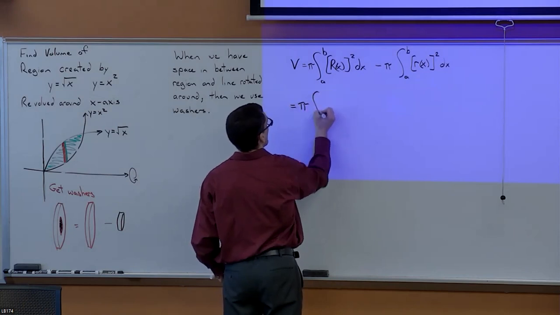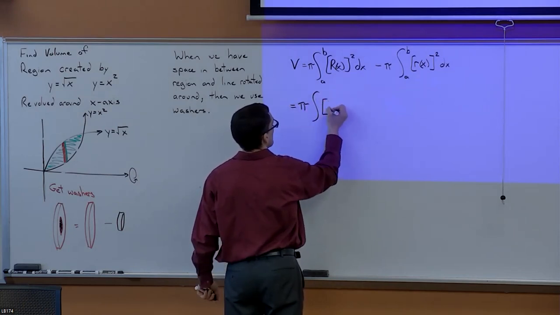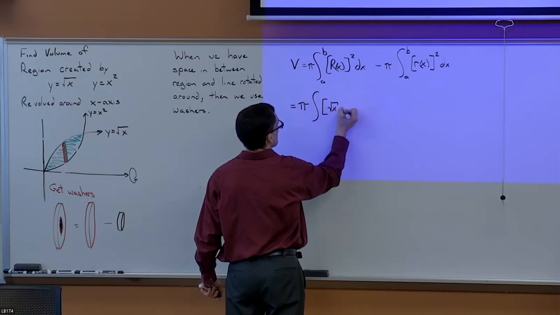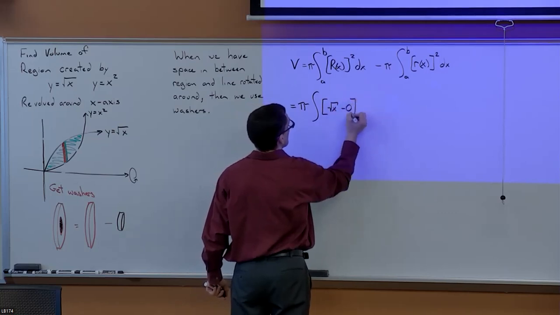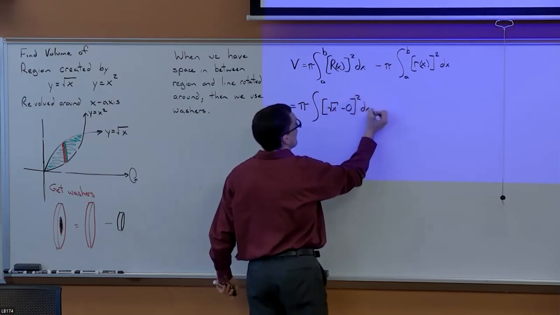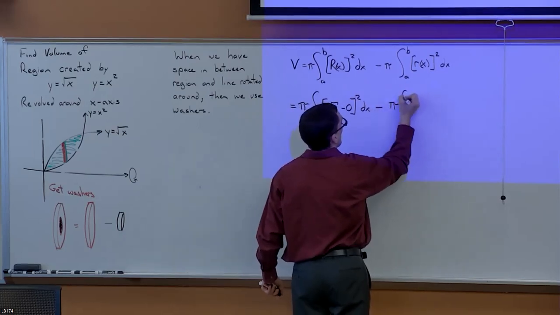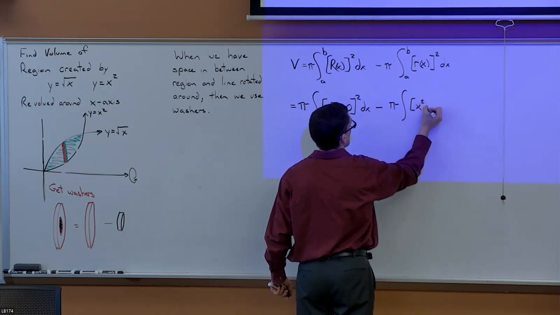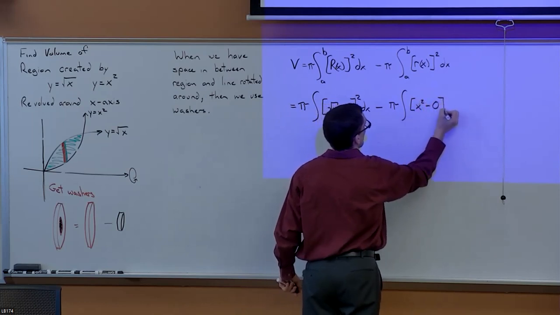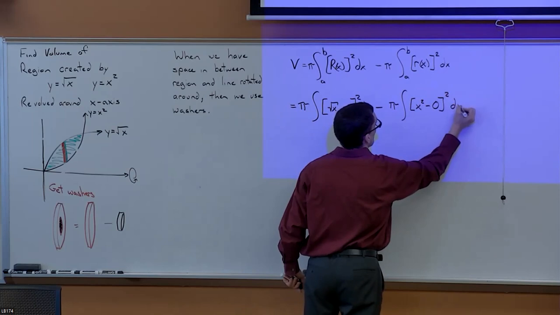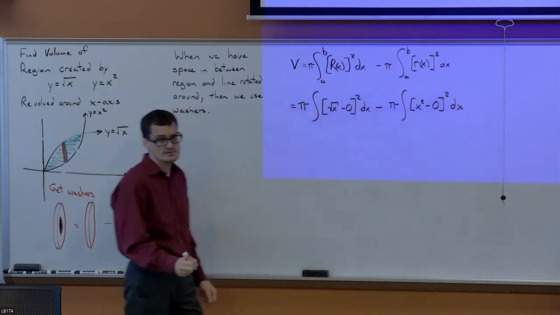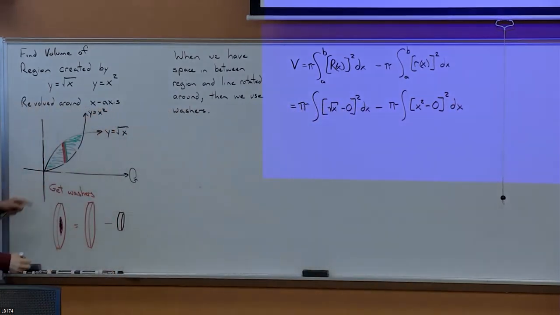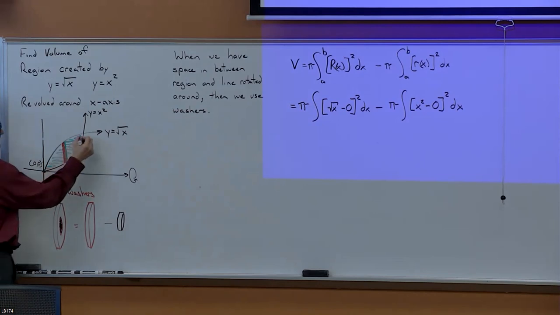Pi integrate square root of x down to 0, and the inside radius is going to be x squared down to 0. And when you integrate, the left-hand point is the origin.